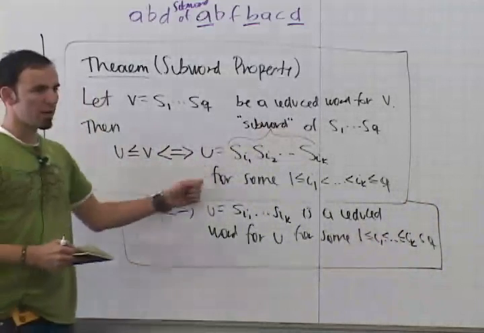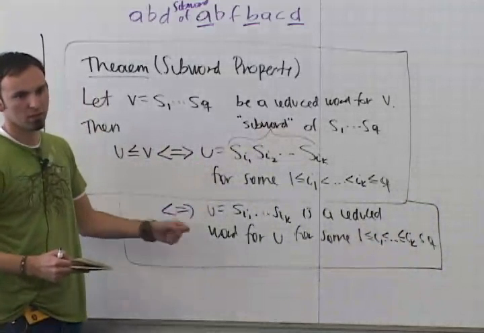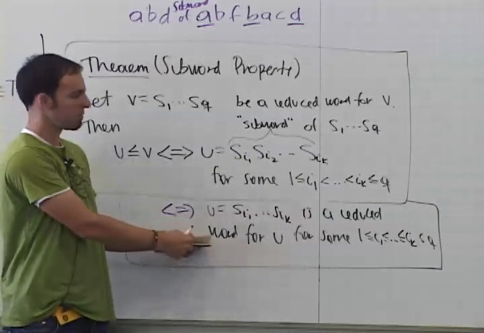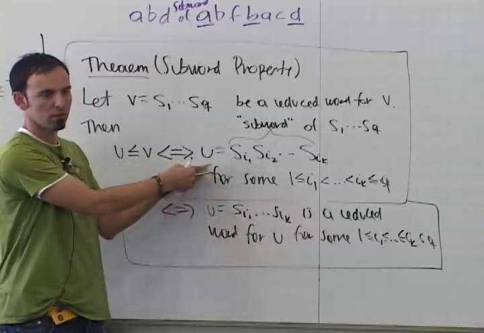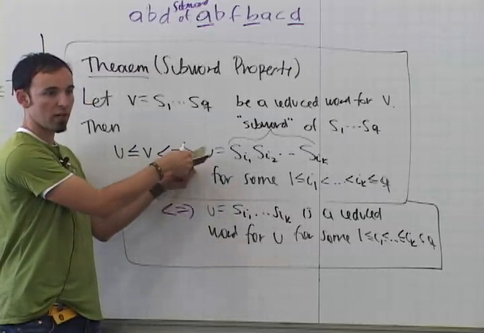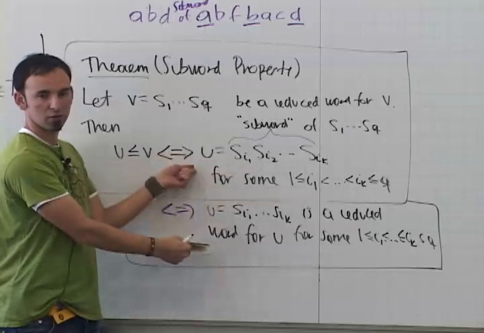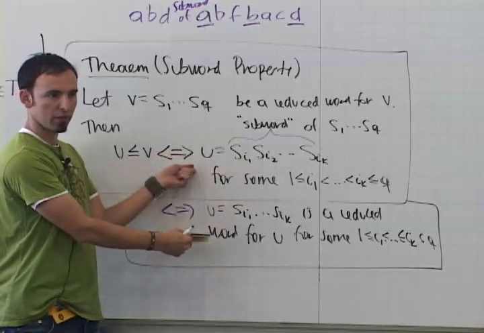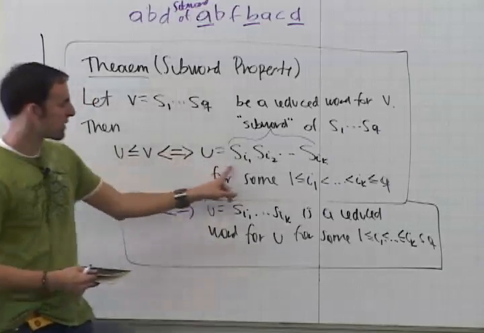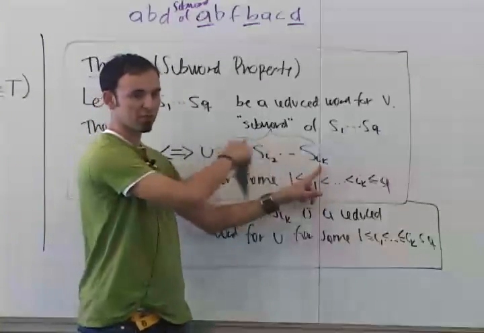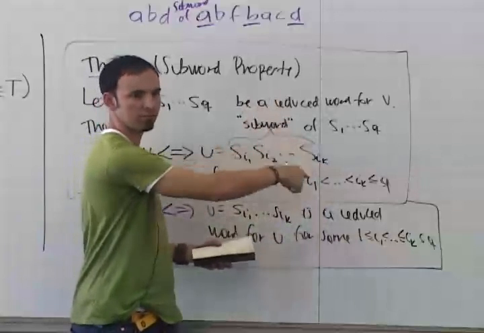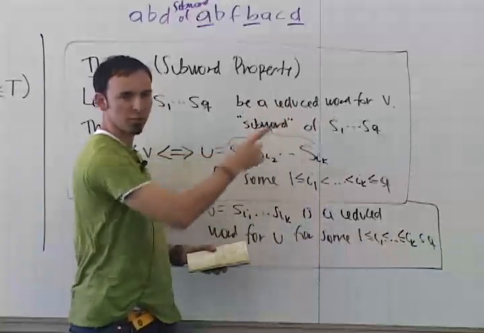So why are these two equivalent? Because if you have a reduced word that is a subword, then that's a word. Now, if you have a word, then we know that every word contains a reduced word as a subword. In other words, if U can be written in this way, and this is not a reduced expression, then I can reduce it by taking out two things at a time, by the deletion property.